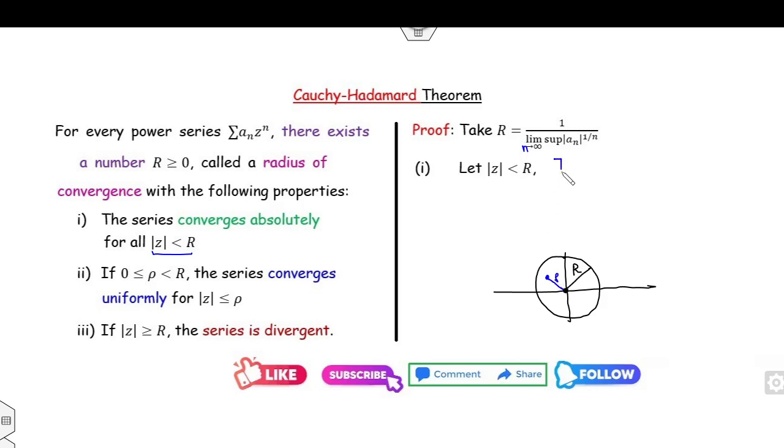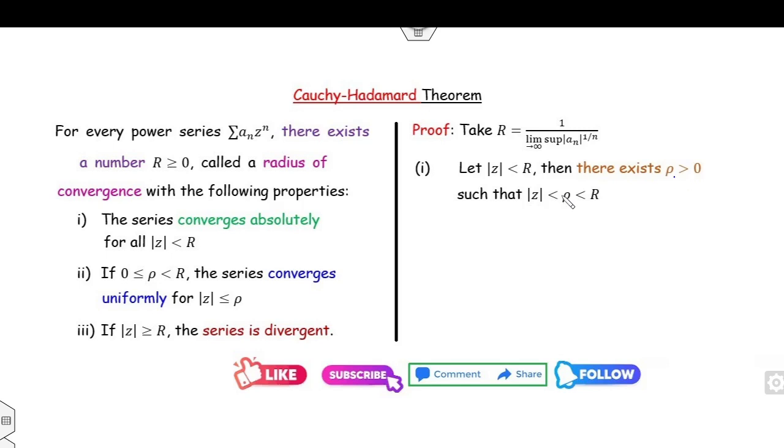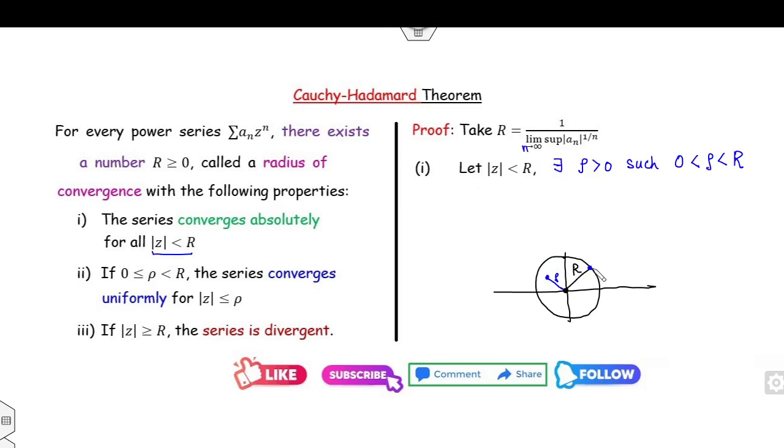So I can say there exists a certain rho greater than 0 such that 0 is less than rho is less than r from this diagram. I can say there exists a rho such that mod of z, from this diagram you can say this is the complete r, is less than rho, which is less than r as per this condition. Fine. So I can insert rho in between them.